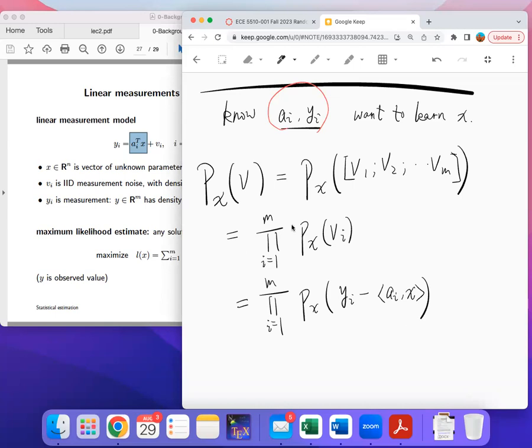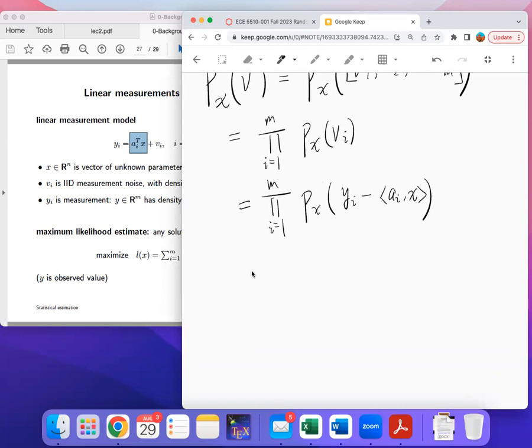Following the maximum likelihood principle, we want to infer the underlying unknown parameters X so that this likelihood is maximized, so that we have the maximum probability of seeing what we observe.